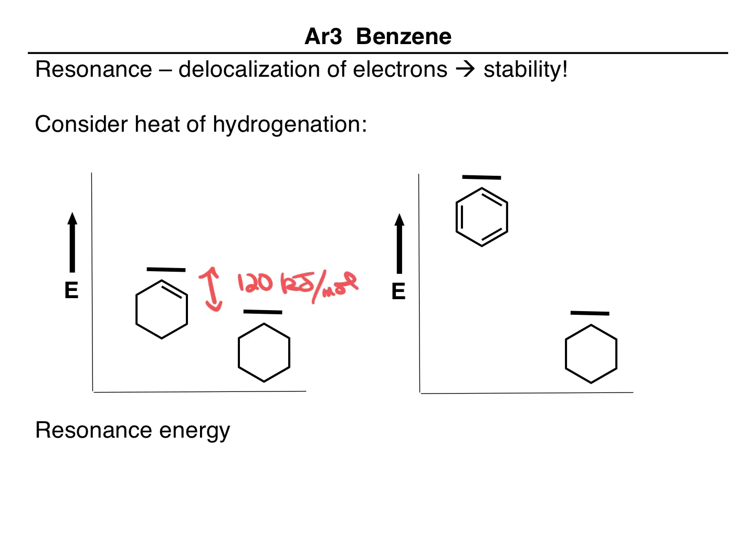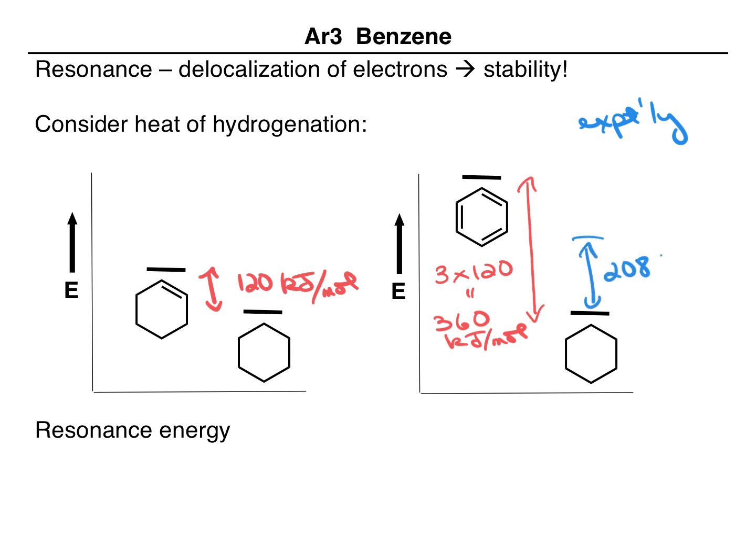Now, if benzene was just a regular triene, nothing special, we just happen to have 3 alkenes instead of 1, we would expect that the heat of hydrogenation would be 3 times 120, or 360 kilojoules per mole. But what was found experimentally is that the heat of hydrogenation was only 208 kilojoules per mole, which means the energy of benzene is not way up here.